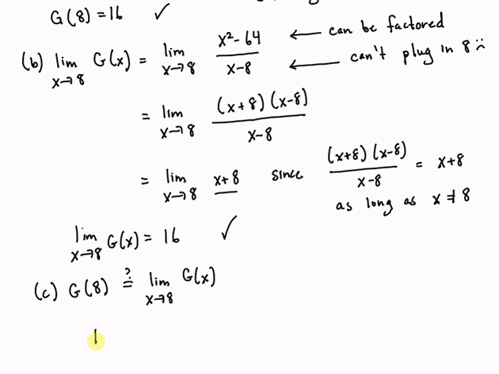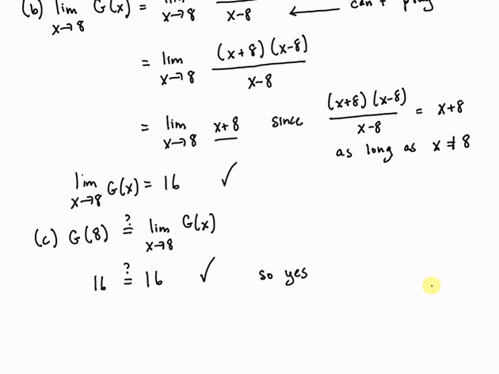Earlier I figured out that g of 8 was 16, and I figured out this limit was 16 just now. So yes, they do match. All of my criteria are satisfied. So g of x is continuous at x equals 8.